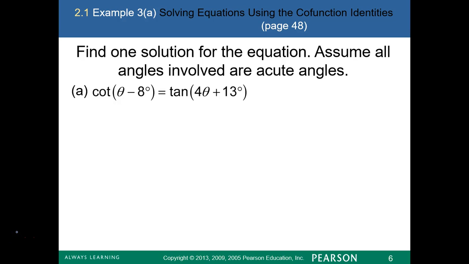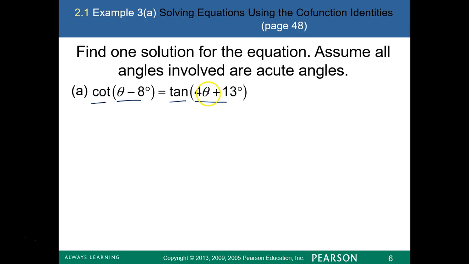All right, so we are solving this equation that we are given for theta. The way we're going to solve for theta is by using our cofunction identities. You see how cotangent here and tangent here are cofunctions. Well, that means our angles are complementary, and complementary angles add up to 90 degrees.